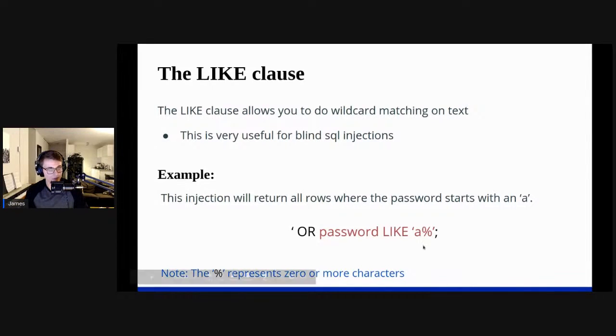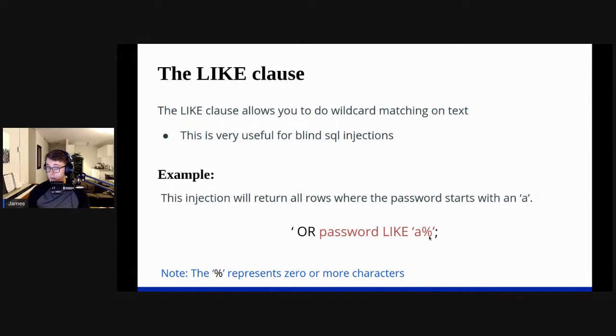So here's an example injection that actually uses the LIKE clause. We have our apostrophe, OR password LIKE apostrophe A, and then the % symbol. Normally, what we've seen before is that in the WHERE clause we do column name equals something, or column name is less than, or greater than. Now we're just doing our column name, in this case password, LIKE some string.